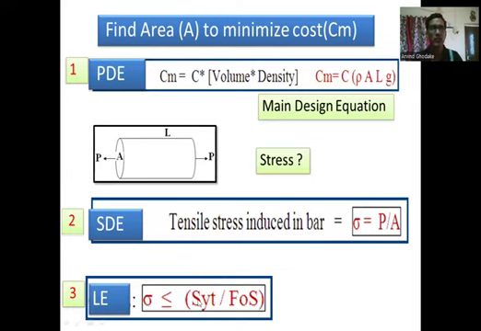So these are the three equations: first, Cm, the primary design equation, or main design equation; second, the stress induced in the bar; and third, the limit value for the stress based on the tensile strength and factor of safety.